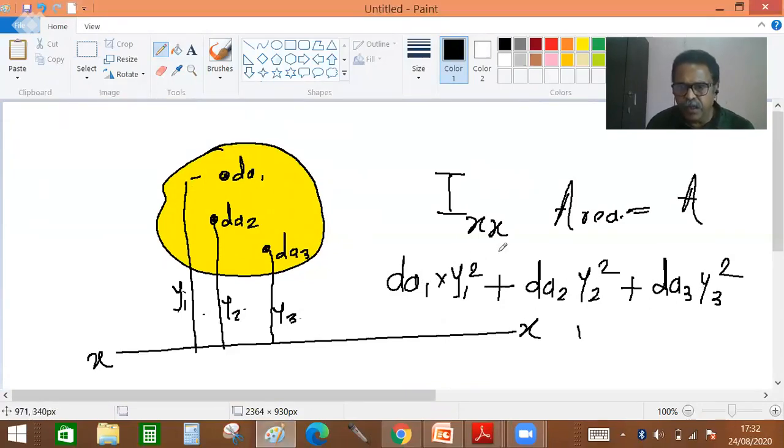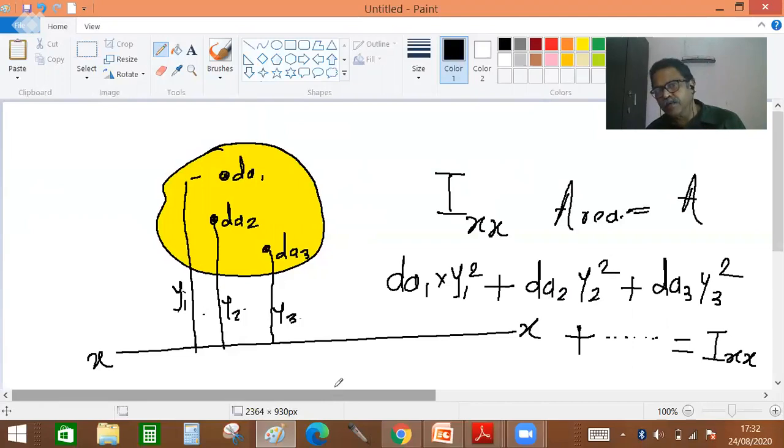The summation of all parts, dA1, dA2, dA3 continuing up to infinity, gives the moment of inertia about the x-axis. So the moment of inertia of this lamina about the x-axis is the summation of the moments of all small elemental parts taken about the x-axis.